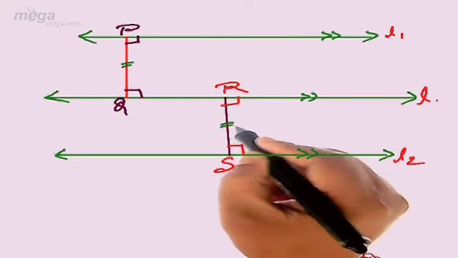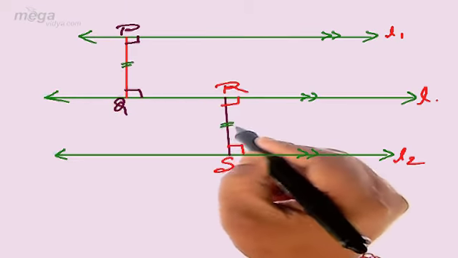So we'll use the distance between two parallel lines. Given PQ is equal to RS. We calculate PQ using the formula for the distance between two parallel lines, which is mod C1 minus C2. To calculate PQ, the distance between L1 and L, the first line is 3x plus 4y plus 5 equal to 0 and the third line is 3x plus 4y plus c equal to 0.